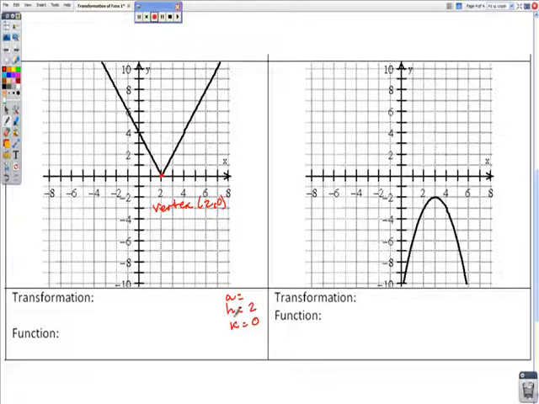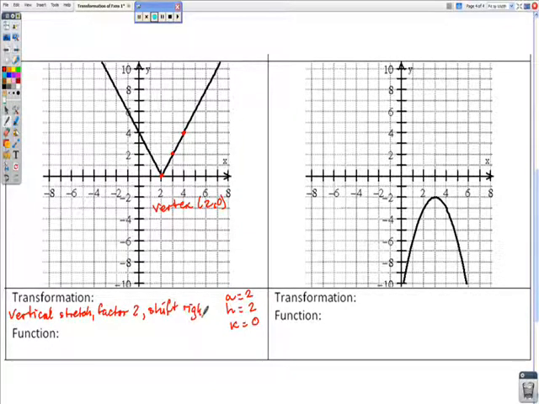A is the slope on the right-hand side. Remember in the parent function it was 1. And this one, it's actually 2. So a is 2. So the transformation is a vertical stretch, factor 2, and a shift right 2.